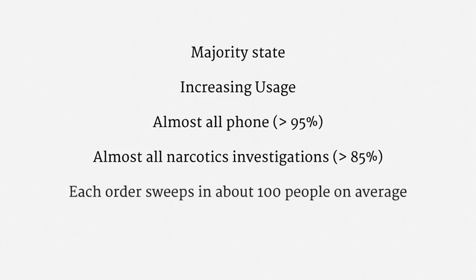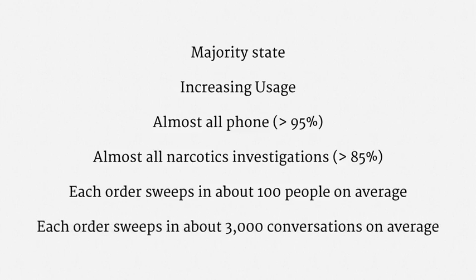Also, each order sweeps in about 100 people on average. That's because people use their phones to call lots of other people. Finally, each order sweeps in about 3,000 conversations on average. That's because people use their phones a lot. So, there's a little wiretapping by the numbers.